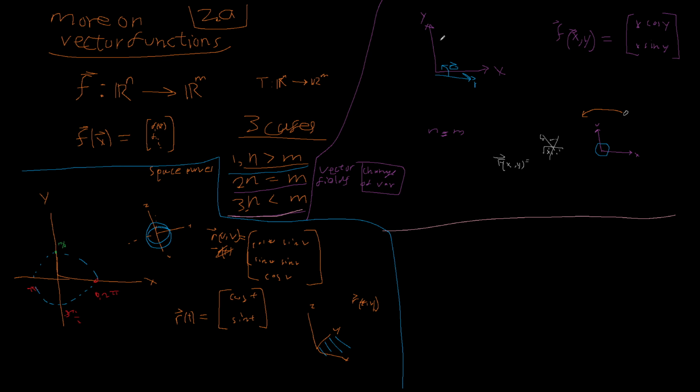Instead, we're going to translate this into a better coordinate system. So you're going to have the moon, a radius, and then an angle. So we turn this into polar coordinates.